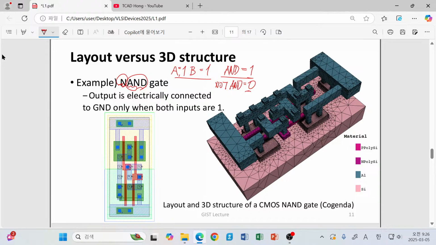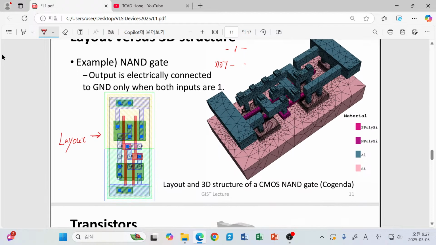That is the NAND gate. Then, as a circuit designer, you can think about the layout. This is layout, and this is nothing but just a top view of your chip. When you have a look at your chip from the top, of course it actually doesn't look like this, but it is an imaginary concept of our chip seen from its top.